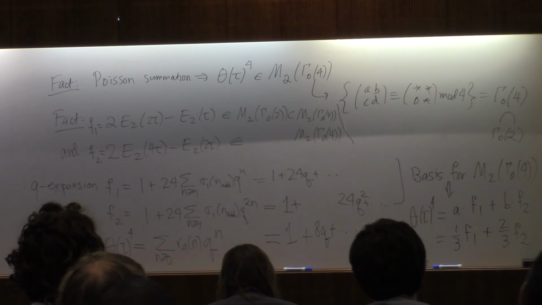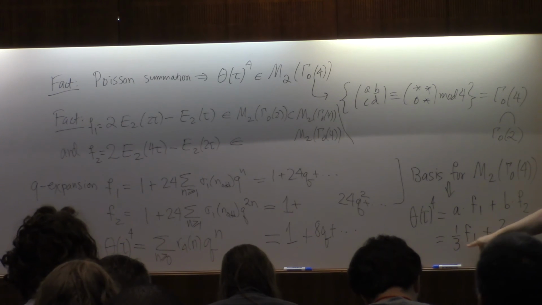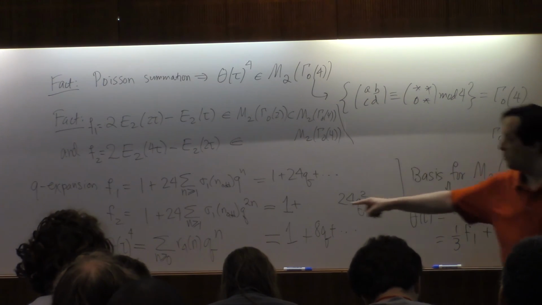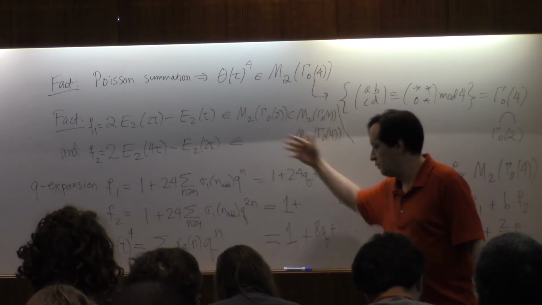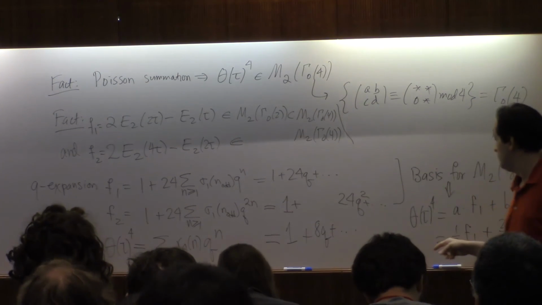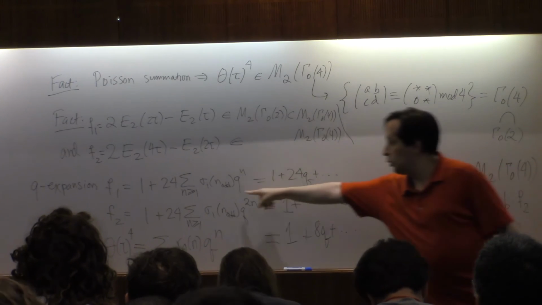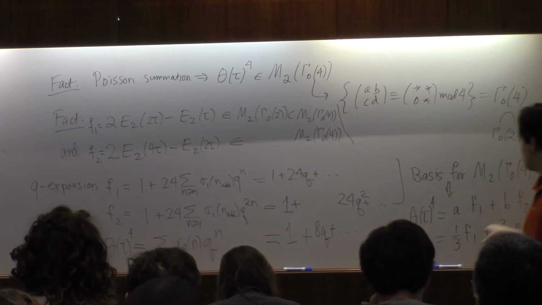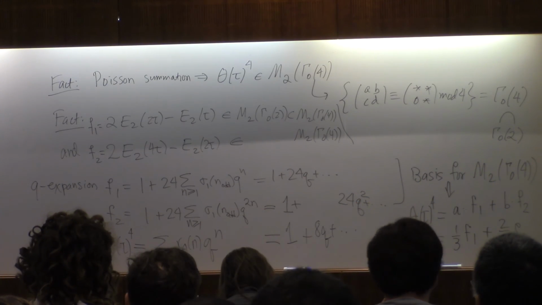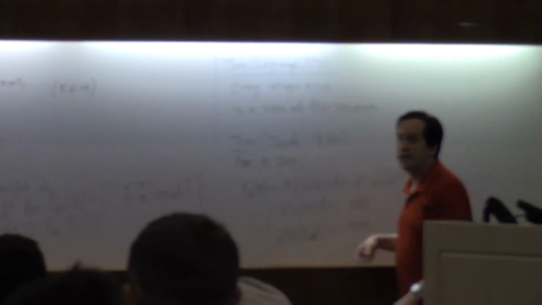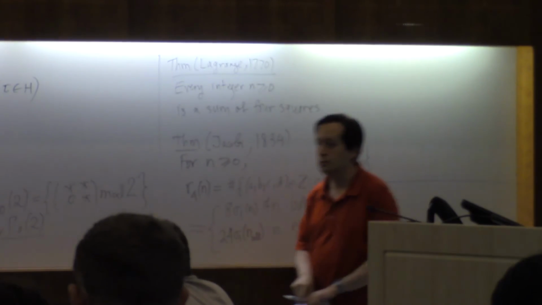And now I will leave it to you to check that for each integer, we'll call it m, 1/3 of the coefficient of q to the m here plus 2/3 of the coefficient of q to the m here exactly reproduces these two formulas.